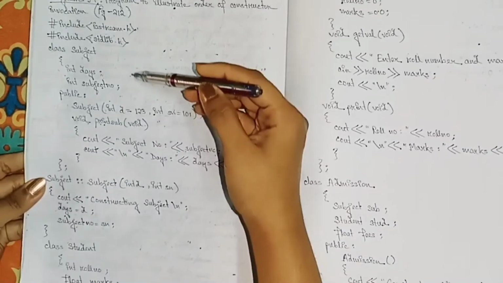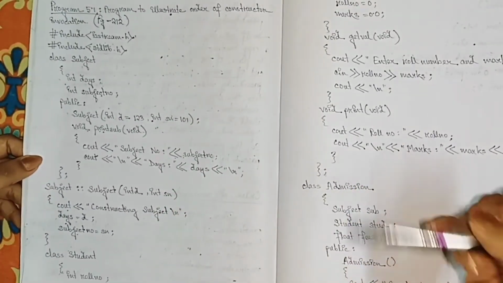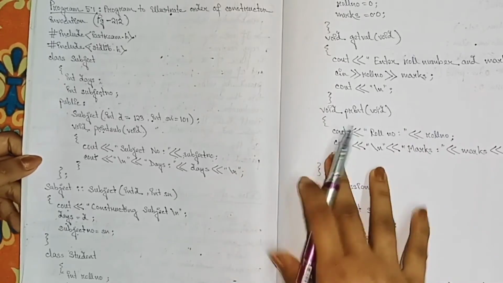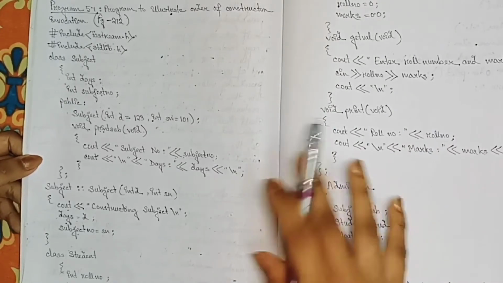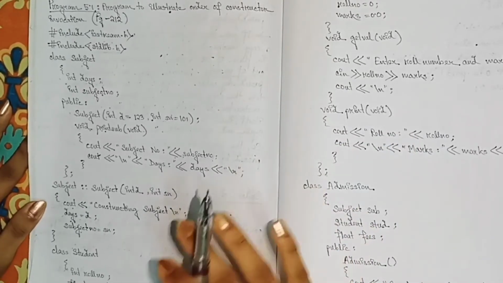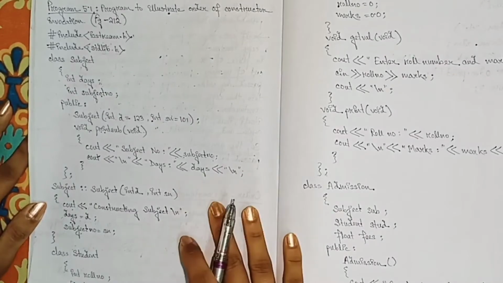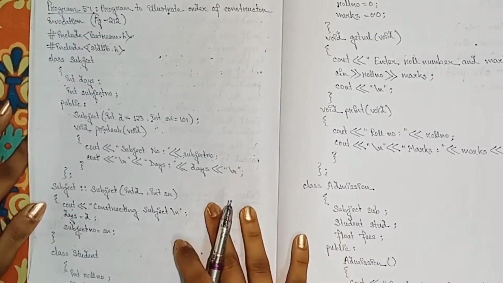Now I am just telling you how we have defined the classes here, and then we will go to the main program, because we know that our program execution always starts from main. So I will show you how this program will execute, along with an output.